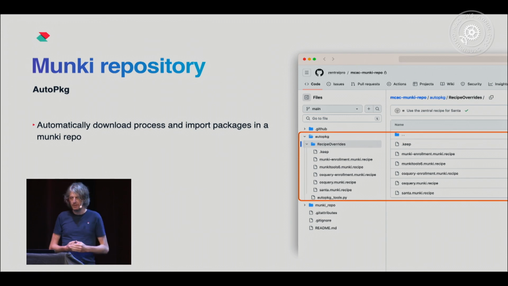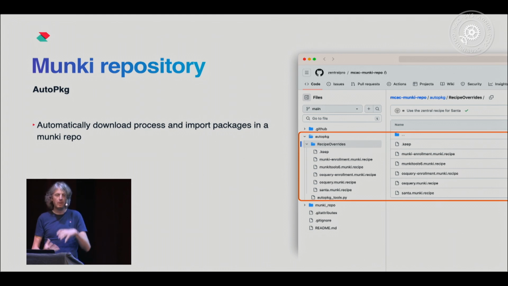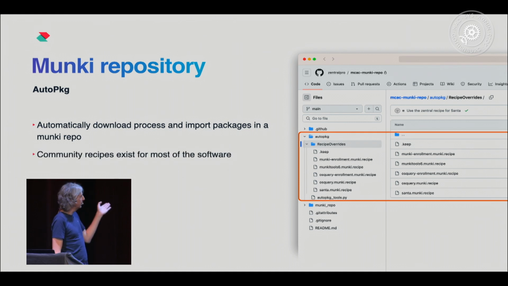There's a wonderful community taking care of the recipes. The recipes are multi-stage processors that can be rearranged and are quite flexible. So many recipes exist for existing software. If something doesn't exist for your typical software, it's relatively straightforward to build your own recipe.